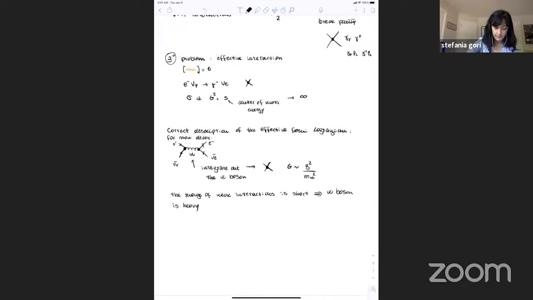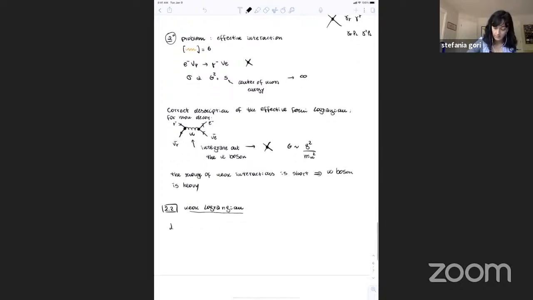Now we can really write down the weak Lagrangian a little bit more explicitly compared to before. Namely, we'll have a sum over all fermions of the standard model.